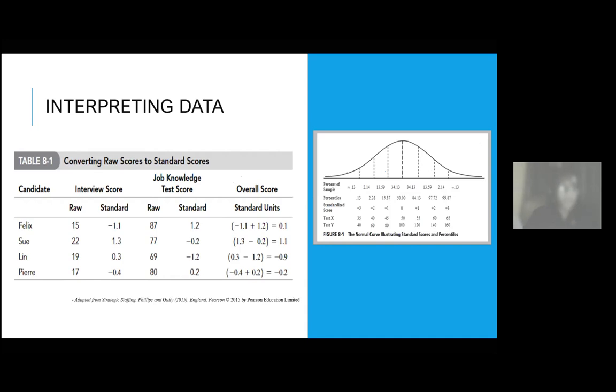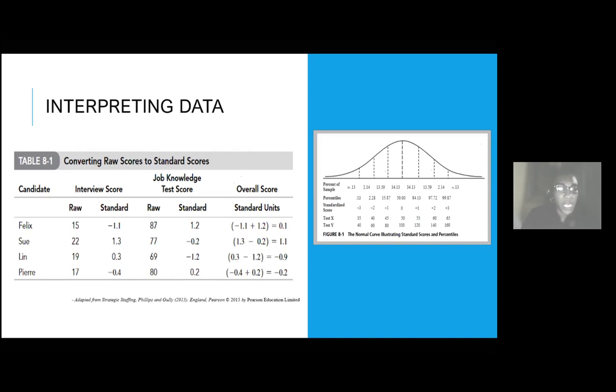And that's why for Felix, we have a negative 1.1 standard score for the interview and a positive 1.2. So for Sue, here she has a positive 1.1. And looking off the bat, I think Sue will be the person of choice to hire for this. How do I come to that conclusion?